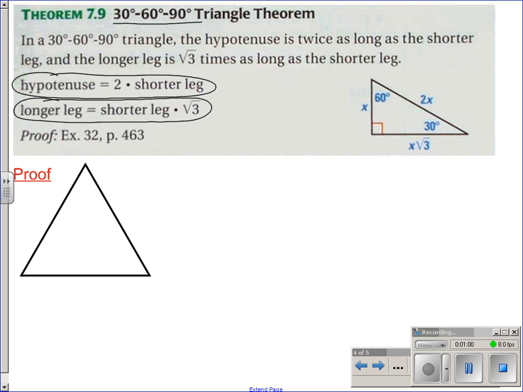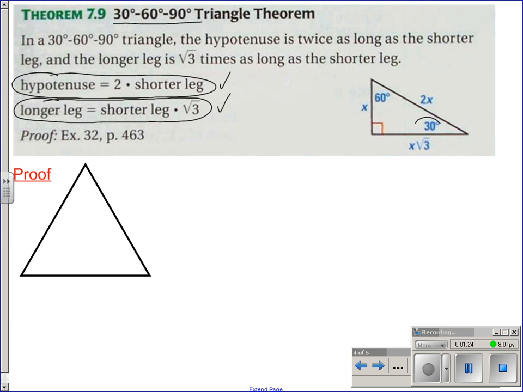Now, the key thing to this is, one, you've got to memorize these relationships. But the other thing is identifying which side you're dealing with and which side you're trying to go to. A chapter or two ago, I forget where it was, we talked about the relationship between angle measurements and side lengths.